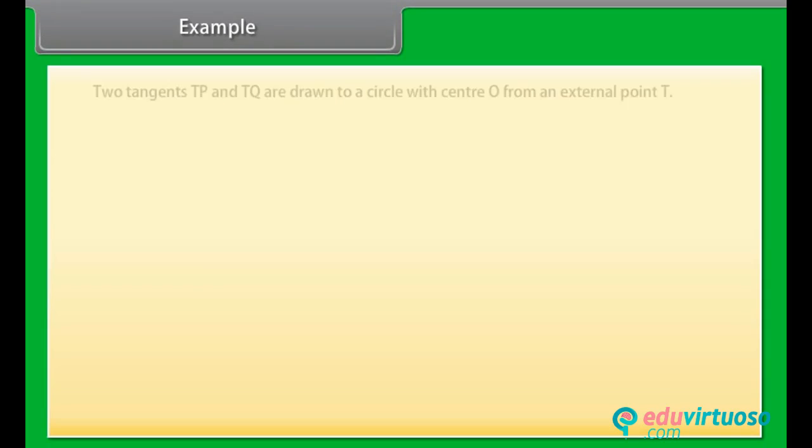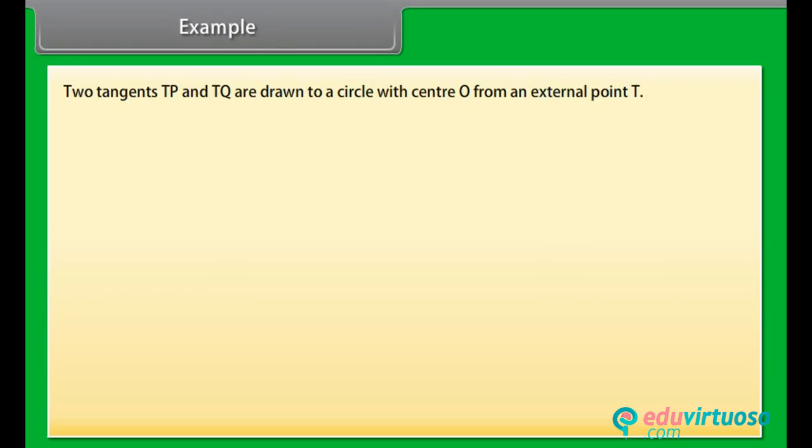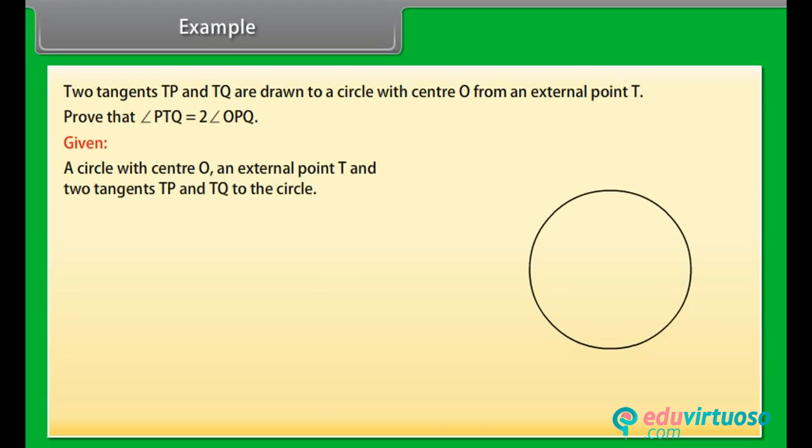Example. Two tangents TP and TQ are drawn to a circle with center O from an external point T. Prove that angle PTQ is equal to 2 angle OPQ. We are given a circle with center O, an external point T and two tangents TP and TQ to the circle where P and Q are the points of contact.